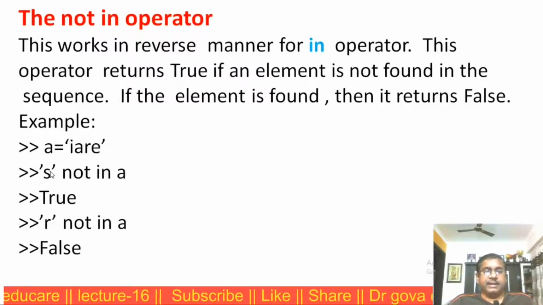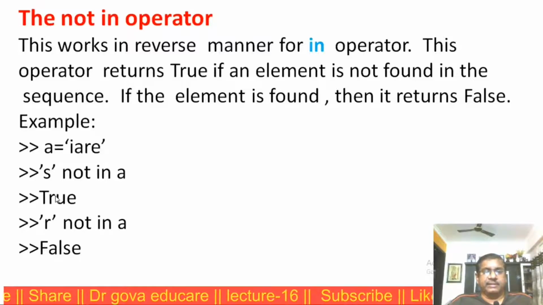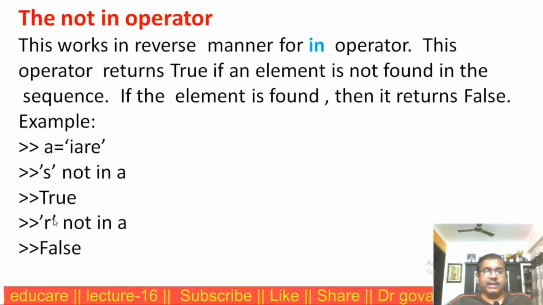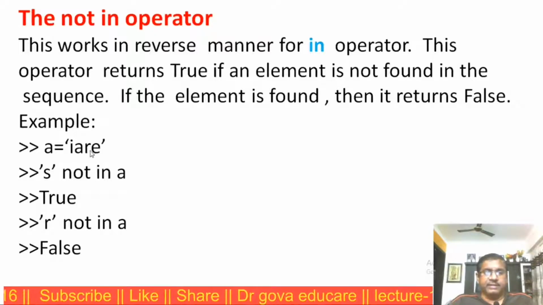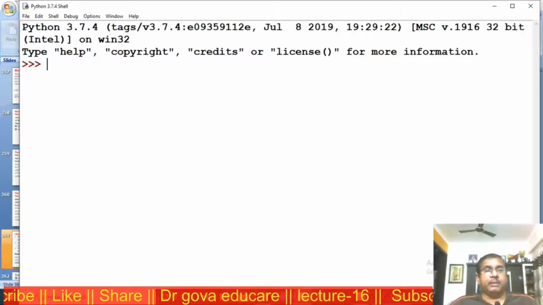The character S is not in A. Clearly, the character is not in this string, so the result is true. "R not in A": clearly, R is present in the sequence, so the result is false.